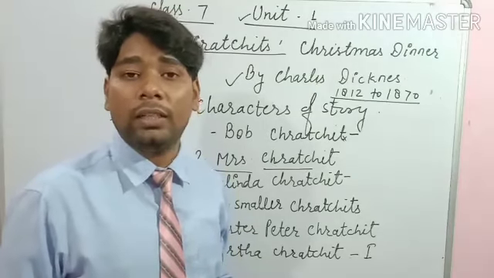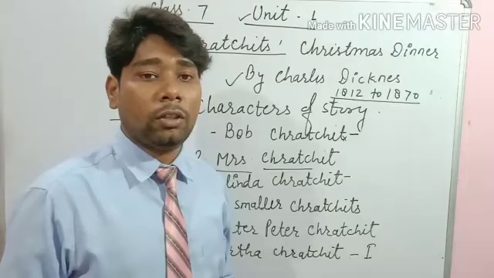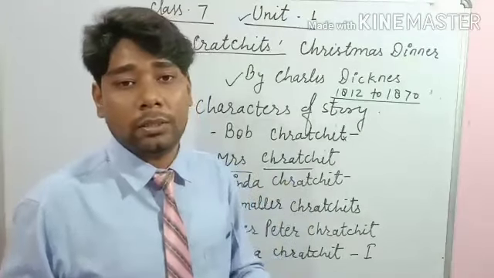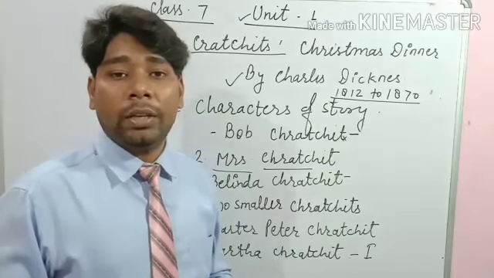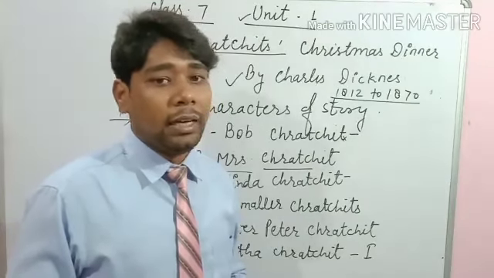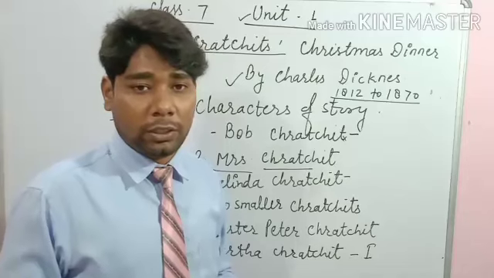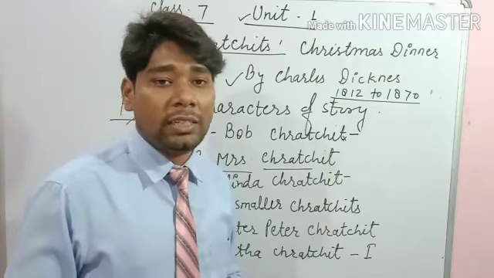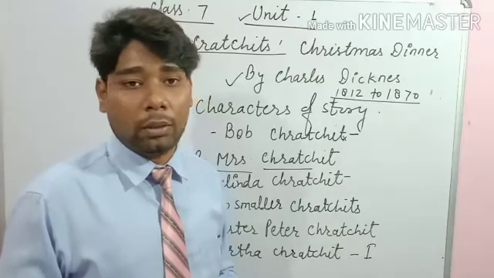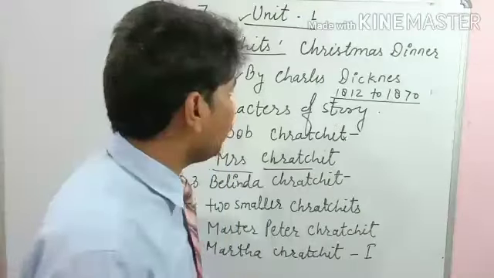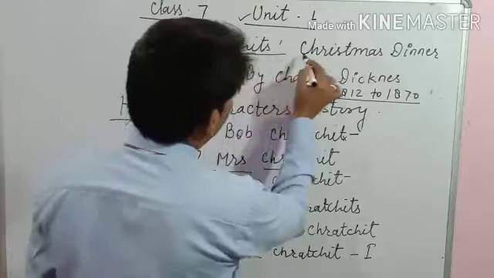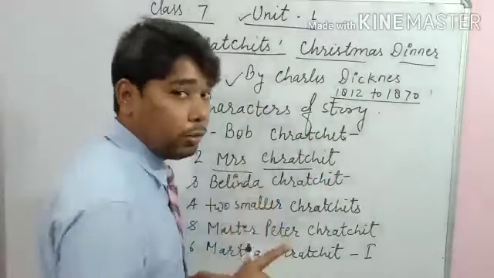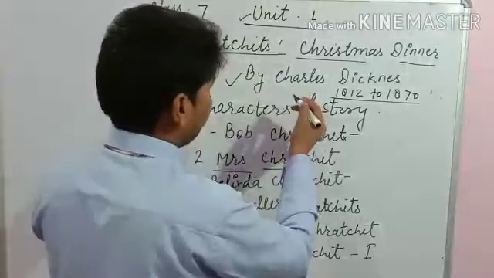At least 200 films and TV adaptations have been made based on Dickens' works, such as Great Expectations, Oliver Twist, A Tale of Two Cities, and A Christmas Carol. This chapter, the Cratchit's Christmas Dinner, has been taken from the great novel of Charles Dickens, A Christmas Carol.